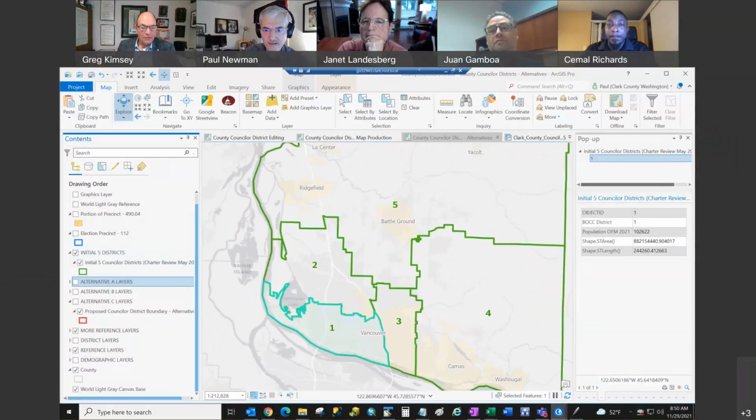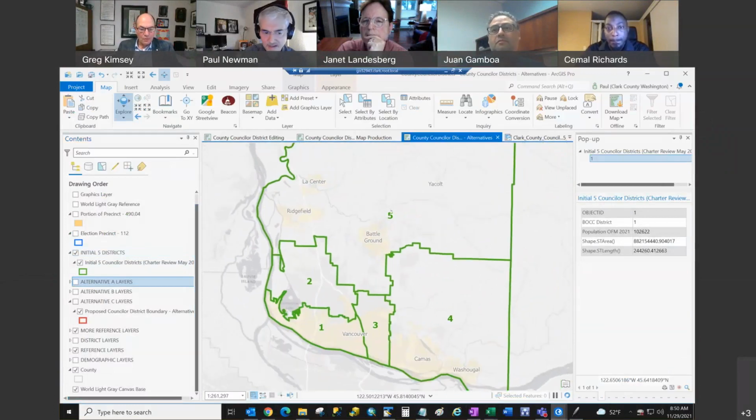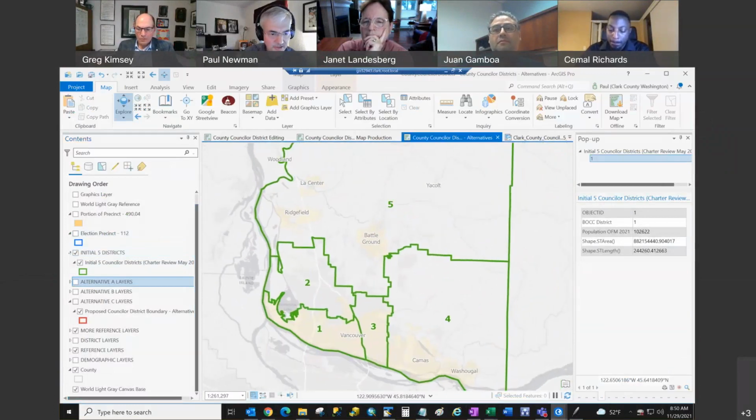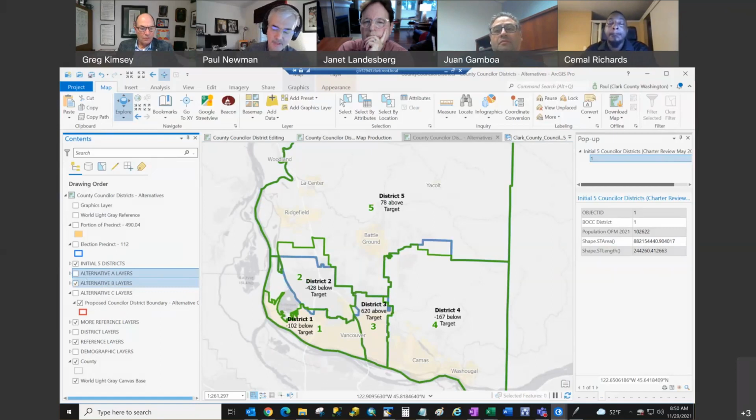So this is the initial 5. And when I came up with alternative B, my main intent was to keep its theme, keep the changes to a minimum, but still reach the goal of balancing the population.